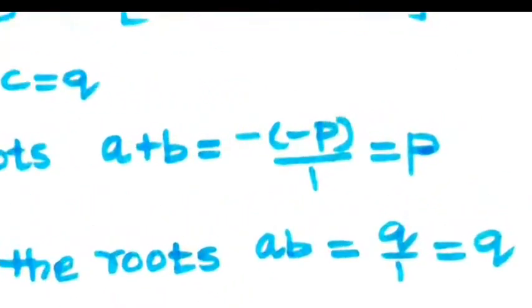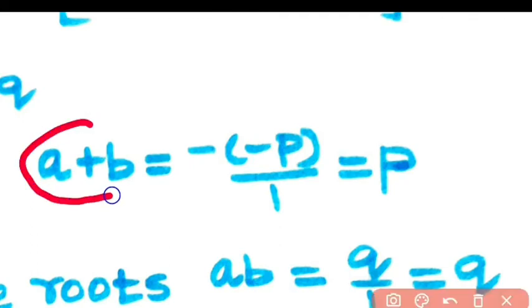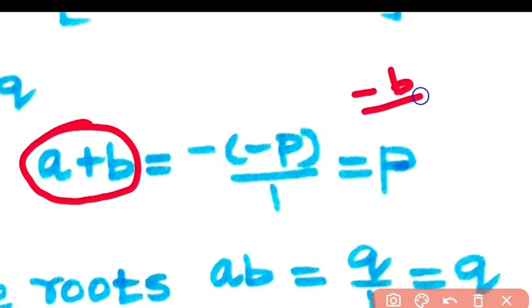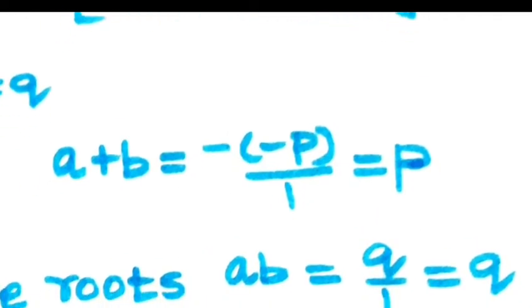The sum of the roots formula is a plus b, because in the question they have given a and b as the roots of the equation. So the formula is minus b by a; minus of minus p by 1, minus into minus is plus. So p by 1 is the value of a plus b.